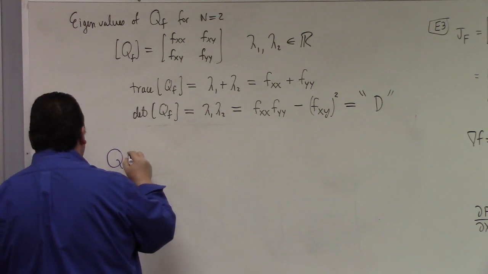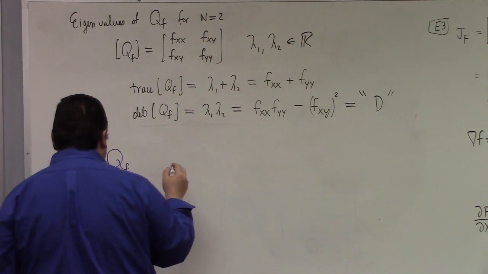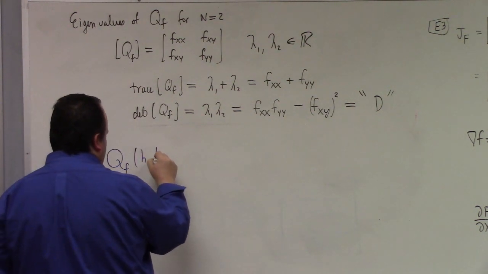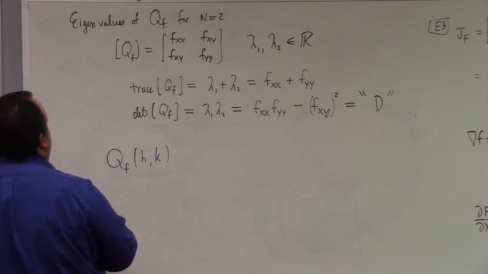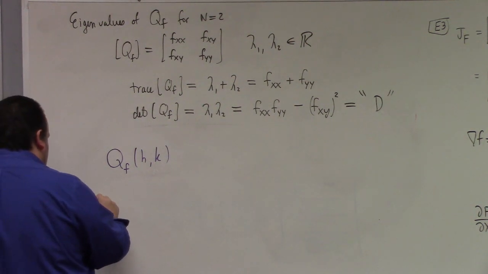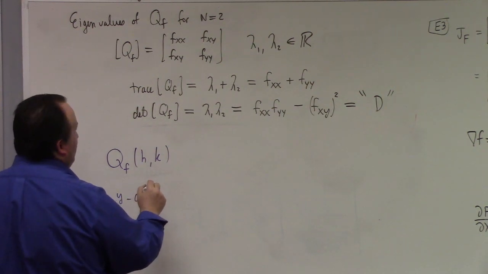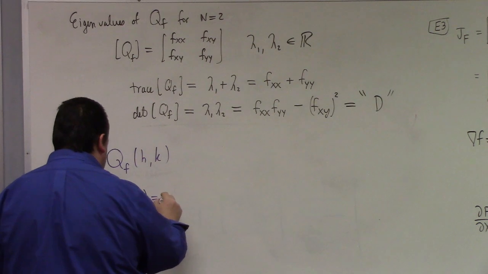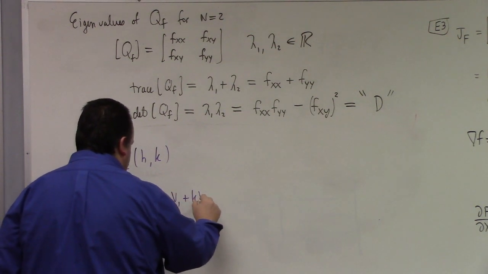If I look at Q sub f in say h comma k, where I'm supposing that x minus a1 and y minus a2 is equal to h times eigenvector v1 plus k times eigenvector v2.